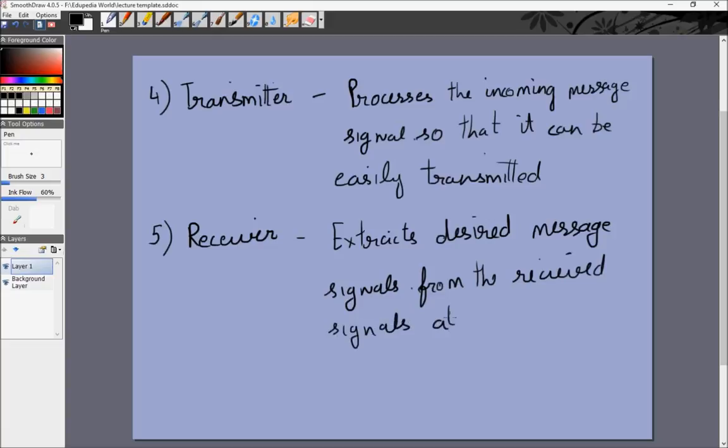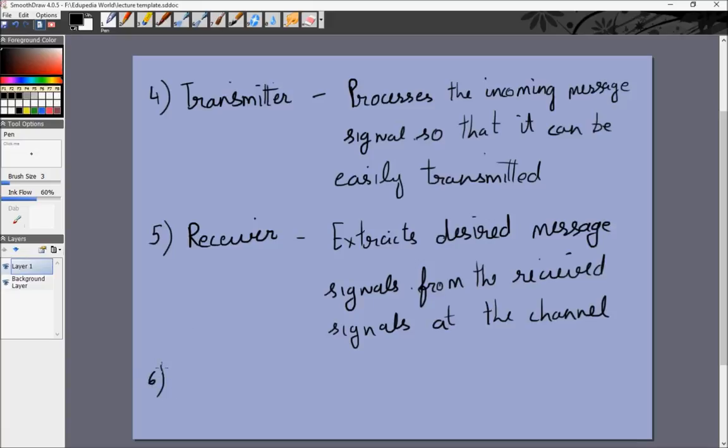What was the channel? The channel was the thing that transmits it from the transmitter to the receiver. The channel would be the wire, or now we can have various wireless communication systems as well.